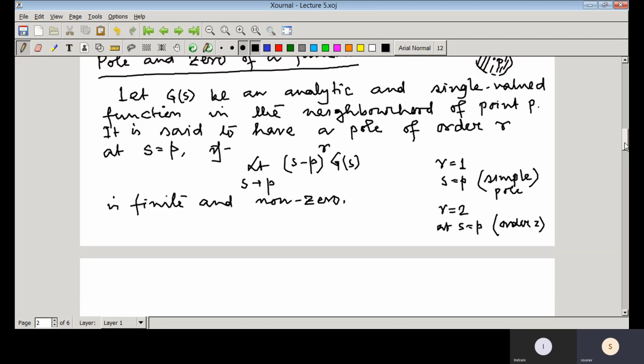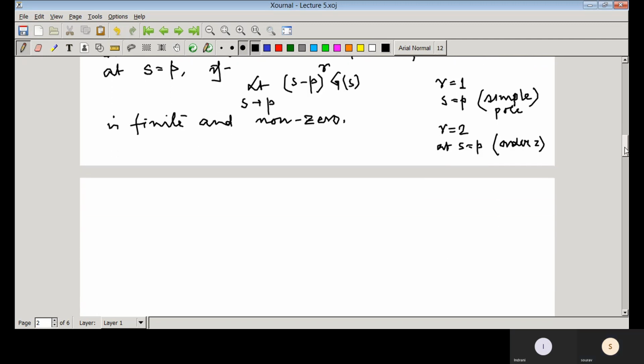So let us see one example. Suppose G(s) is a rational function.